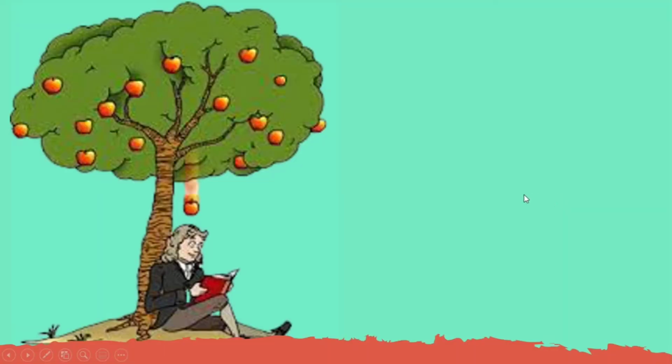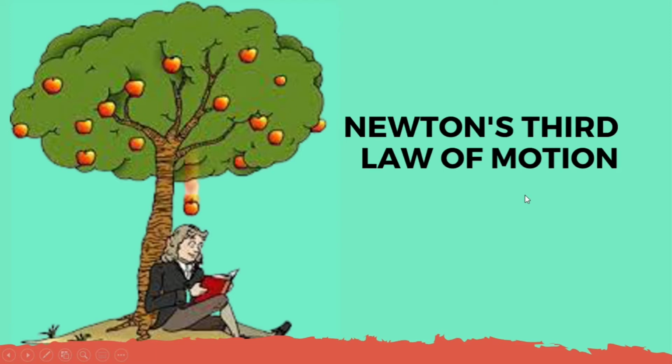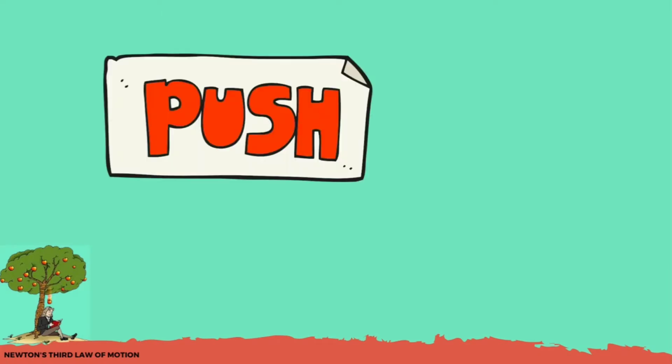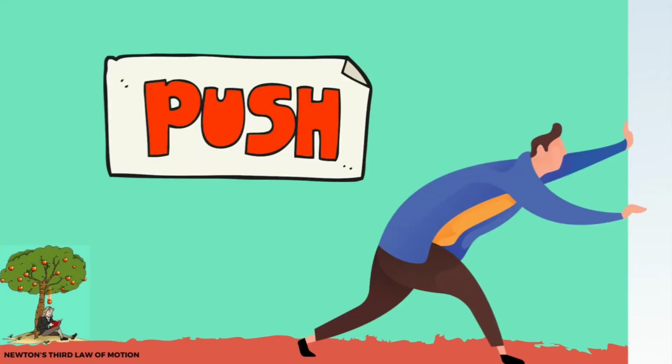Okay, at this point, let us discuss about Newton's third law of motion. Let's analyze this illustration. As you can see, there is a man pushing against the wall. When you push on a wall, does the wall also push you? According to the third law of motion, it does.